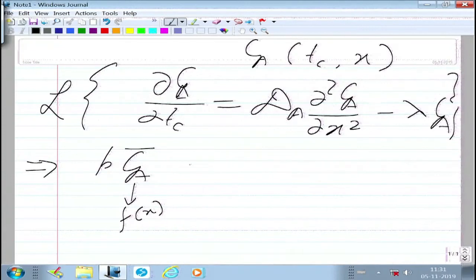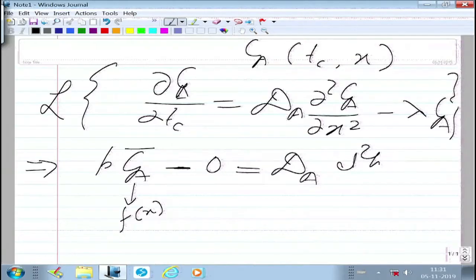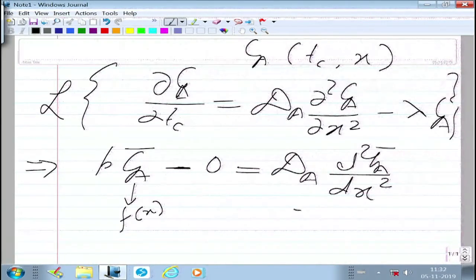Pca bar minus this Ca in the bulk at Tc equal to 0, which is 0, and that will be equal to dA is a constant, so we take it out of the integral sign, and Laplace of dou 2 Ca by dou x square will, after elimination of time upon integration with respect to Tc, lead to d2 Ca bar by dx square. It will be ordinary second order derivative Ca bar. Minus lambda will become minus lambda Ca bar.